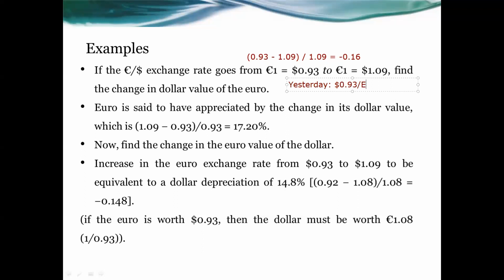Because I couldn't type that symbol into this Zoom, I'm taking euro as E. Today we are getting $1.09 per euro. What you see here is that, compared to yesterday, today we have to pay more dollars to buy 1 euro. That means the dollar is getting depreciated.